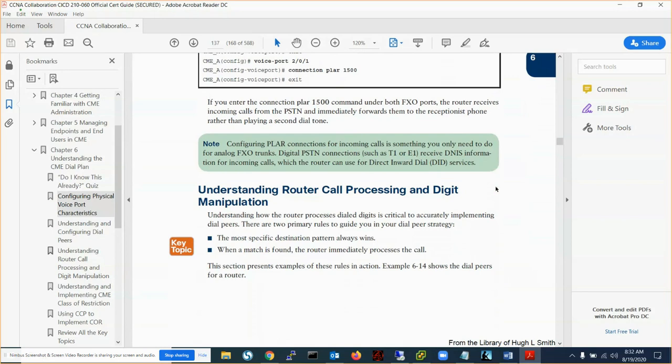So if I call in to a CME system, the CME will see the caller ID, but it wouldn't know the number I called. If I call in 710 200 2000, the CME wouldn't see that number, right? But with T1 it will see both the caller ID and the dialed number, right?